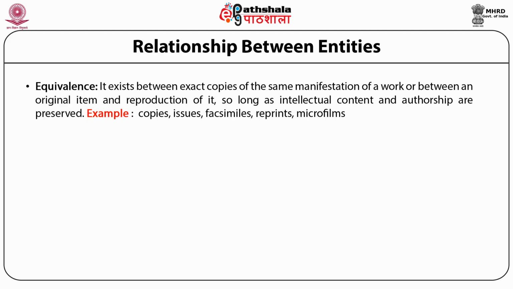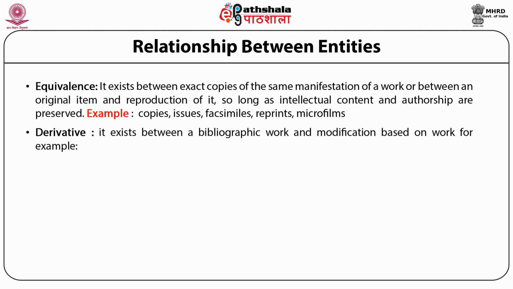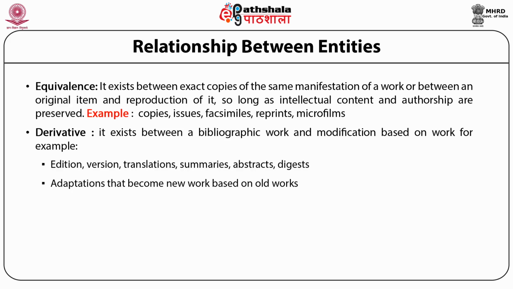Second one, that is derivative. It exists between a bibliographic work and modification based on work, for example, addition, version, translation, summaries, abstracts, etc. Secondly, adaptation, that become new work based on old work. Then, thirdly, change, and fourthly, new works based on style or thematic content of work.